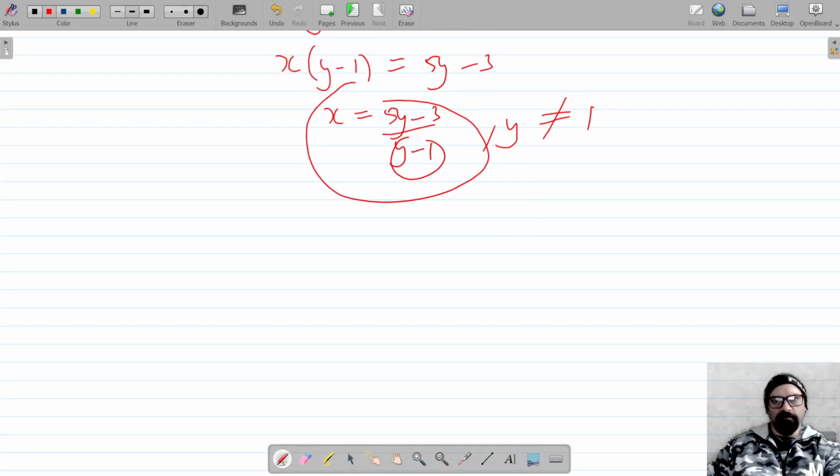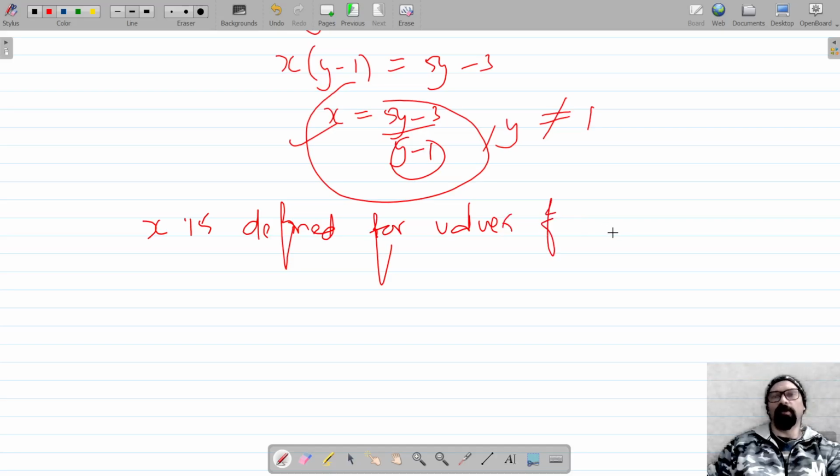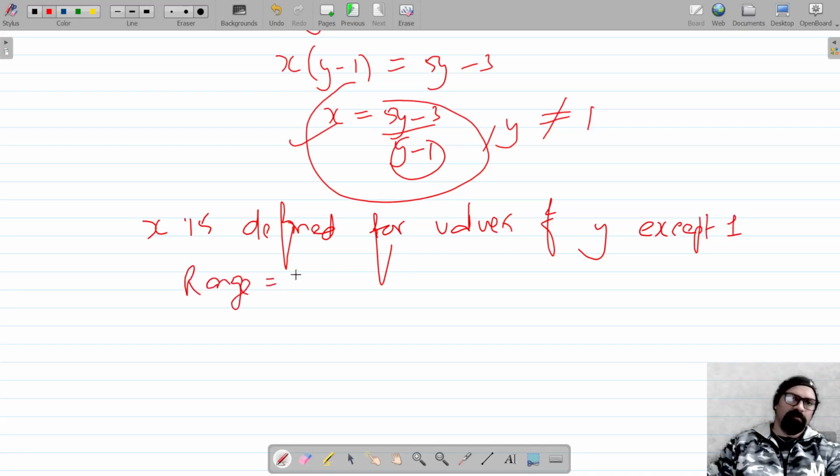We can observe that this x is defined for all values of y except 1. So that means our range is equal to all real numbers except 1, and this is exactly the codomain, which is equal to our codomain.